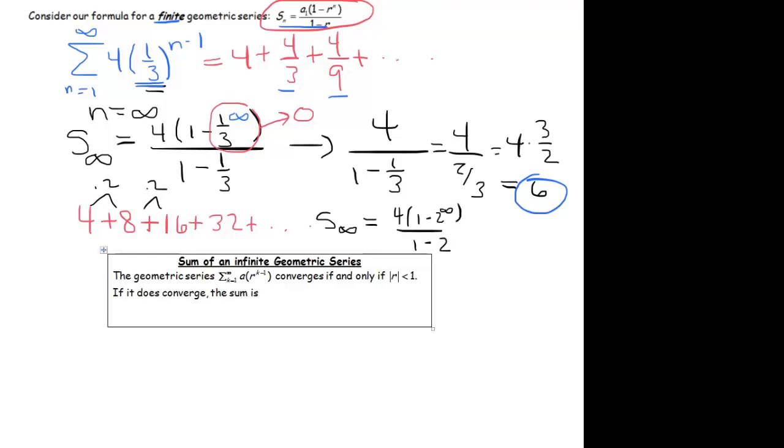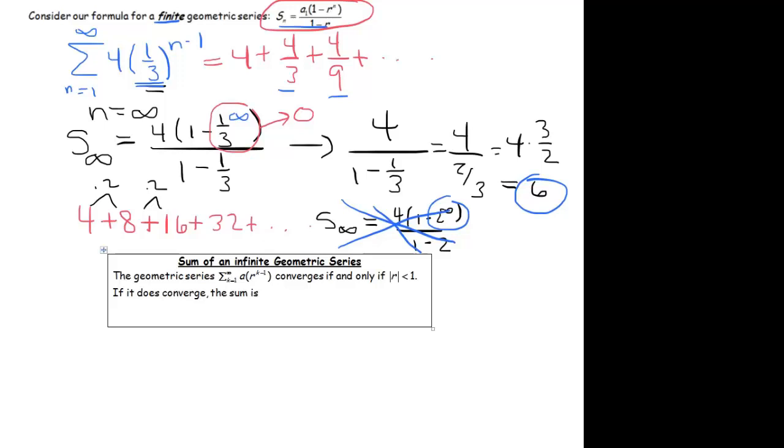This time, notice that 2 to the infinity is not going to go to 0. It's going to go to infinity, a really big number. So 1 minus that is a big negative number. The point is, this formula would not work here. It's just going to give us infinity.